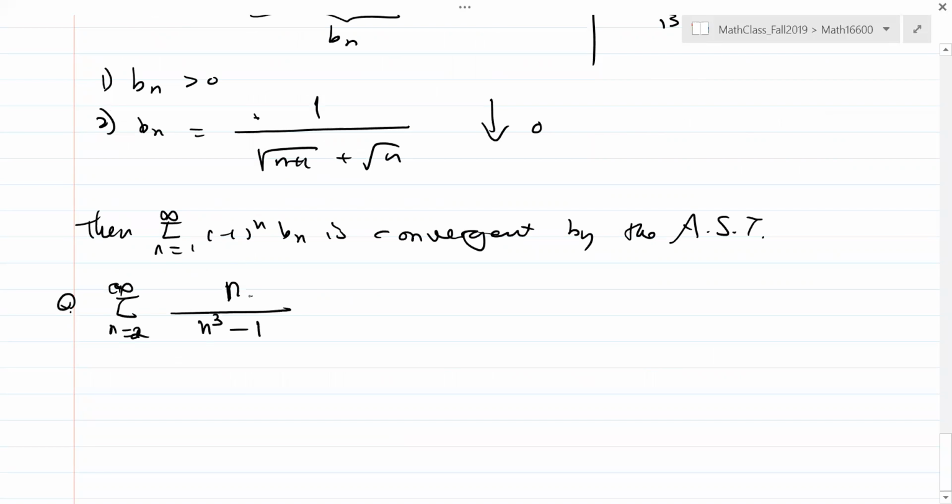Yeah, let's take a look at it. Convergent or divergent?